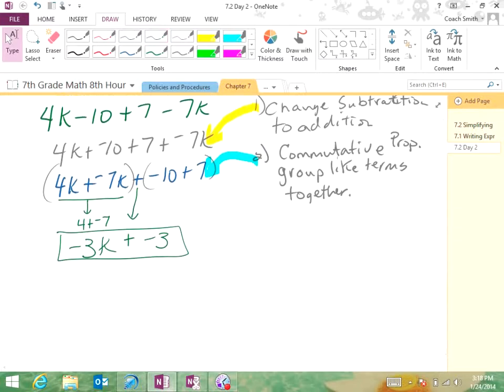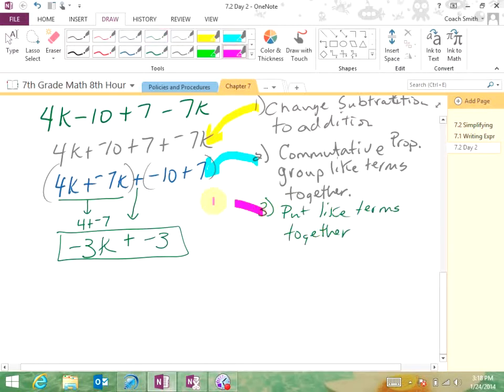Now, here's where people get confused on two separate areas here. Step 3 was put like terms together, and that is this right here. Negative 10 plus 7. Both of these are negative 3.